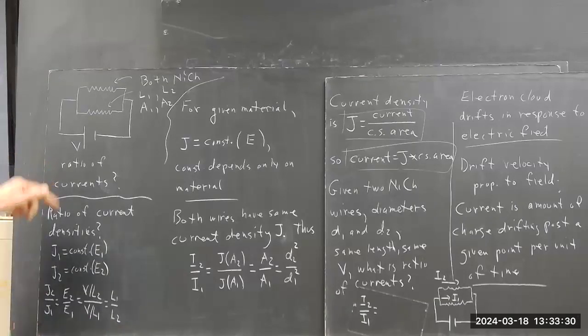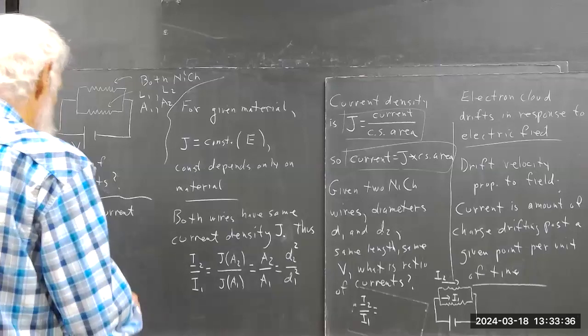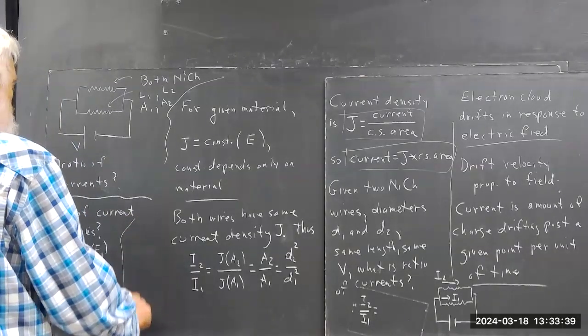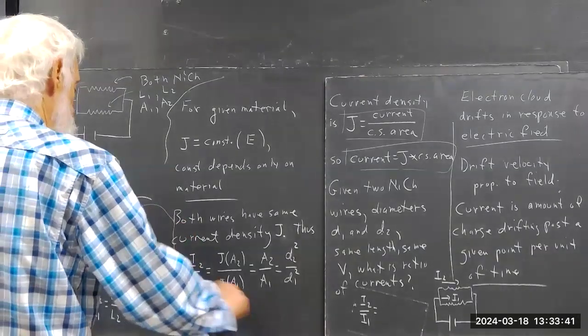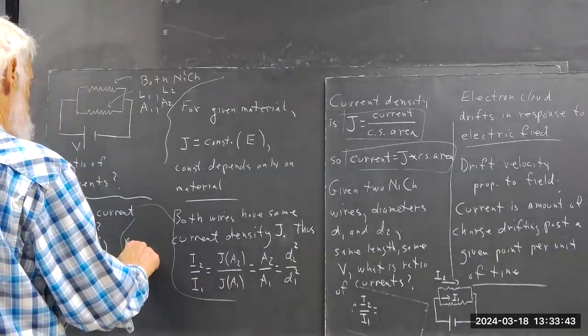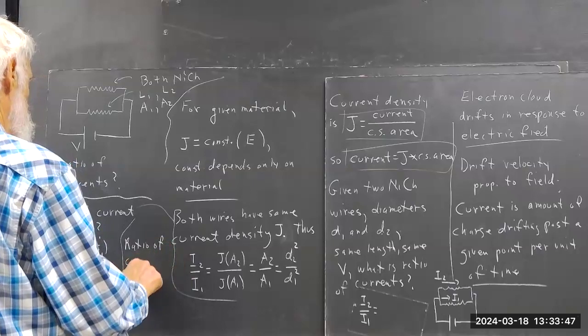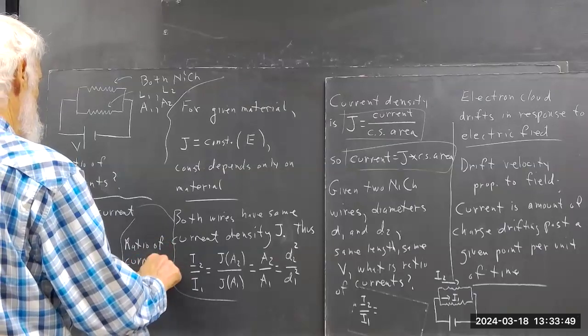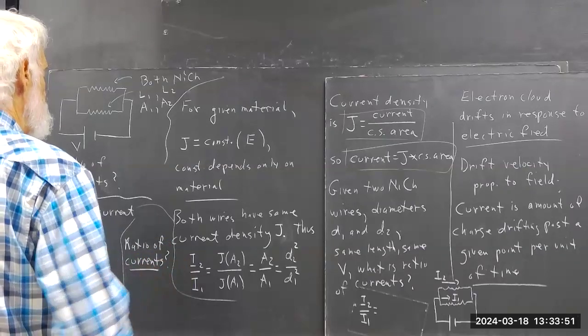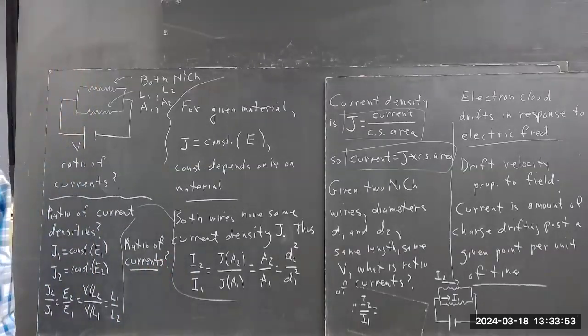We want the ratio of the currents. So we've got the ratio of the current densities. How do we get the ratio of the currents? Well, how is current density related to current?